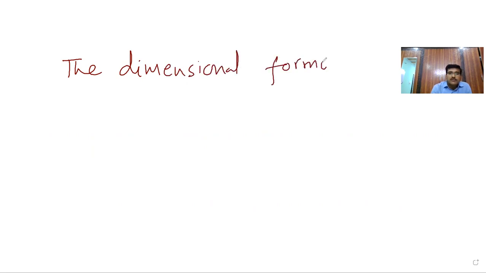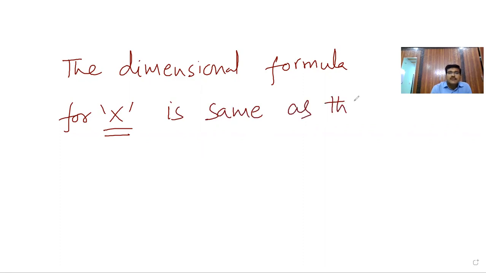Now, the extension of this problem is the dimension formula for x is same as that of the following quantities.